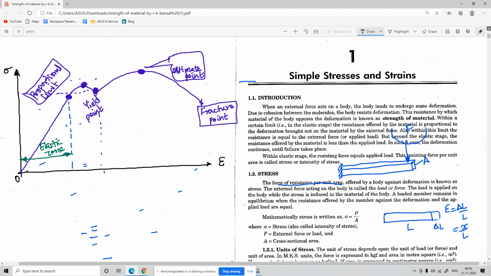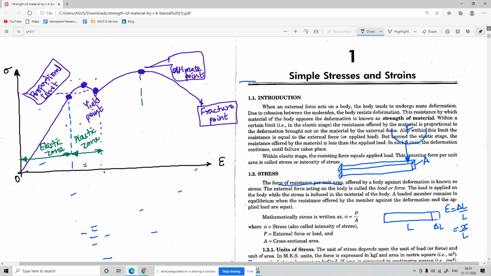Elastic zone is when you apply a load to this particular cross section or body, and you remove the load, it will come back to its original position. That represents the elastic zone. Here to here defines the plastic zone. That means it will no longer come back to its position.